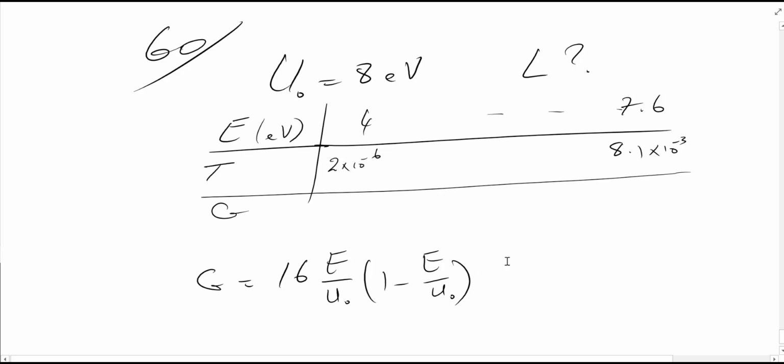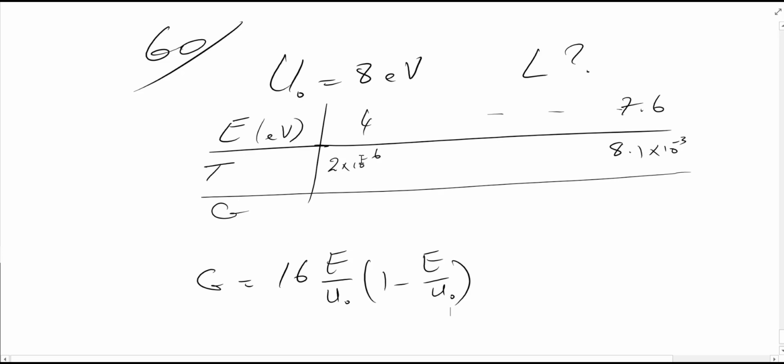Now graph ln. No, first we need to find kappa also. They give us the mass. What is M? It's for electron transmission in a research lab.